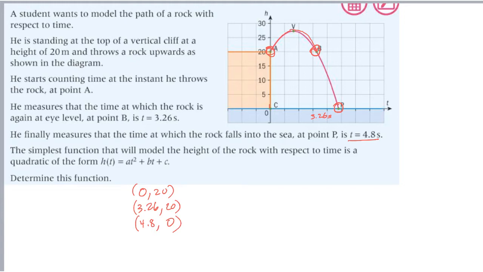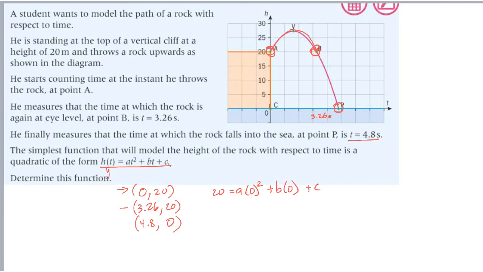Since I have specifically those 3 points, and I know that I'm looking for a quadratic, I can say that if y equals at squared plus bt plus c, then I can put these values in for x and y in the first equation. So I'll go 20 equals a times 0 squared plus b times 0 plus c.